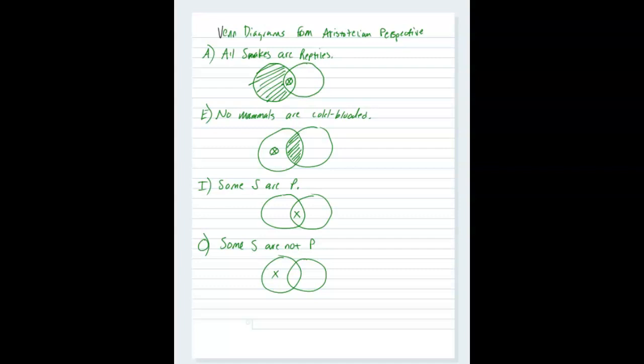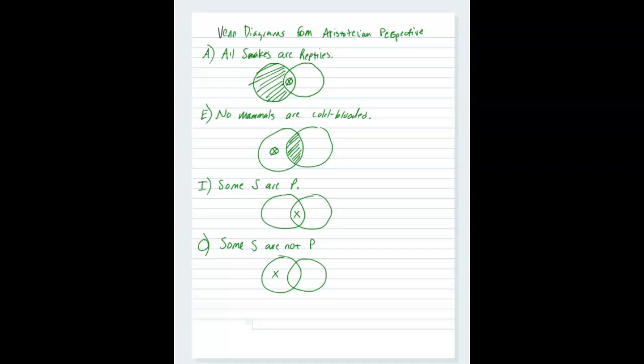Those two, the I and the O propositions, are identical with respect to both the Boolean and the Aristotelian perspective, so that doesn't change at all. The only thing that changes when we're diagramming propositions from the Aristotelian perspective are the A and the E propositions.